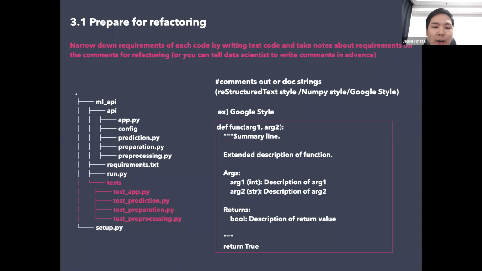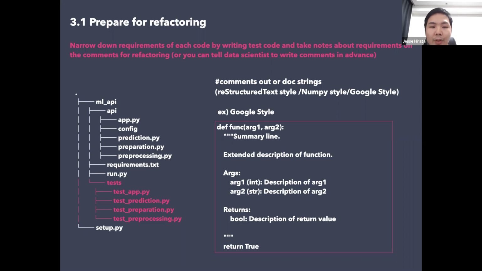So in order to narrow down requirements of each code, I suggest that you write test code and take notes about requirements of each code. When taking notes in the code, you can use hash comments or docstrings. There are 4 kinds of docstring, such as reStructuredText style, NumPy style, Google style.